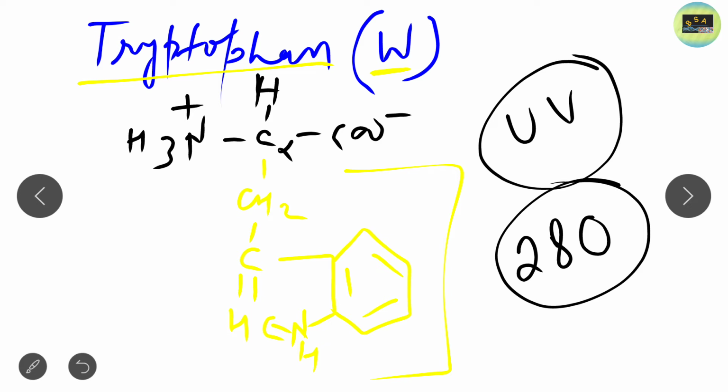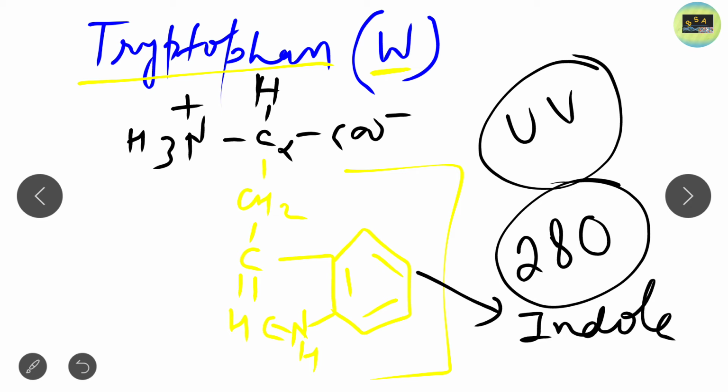I hope that you understand all these structures and all these single letter codes. If you still have any doubt, you can ask me questions related to this, and I will try to answer them. Clear? And remember, the name of this side chain is indole.